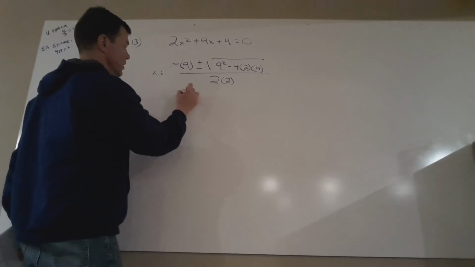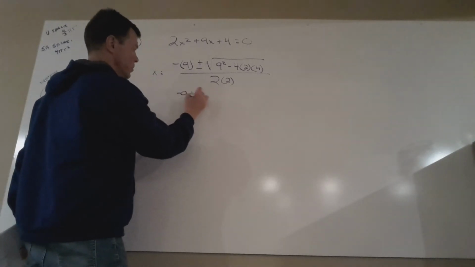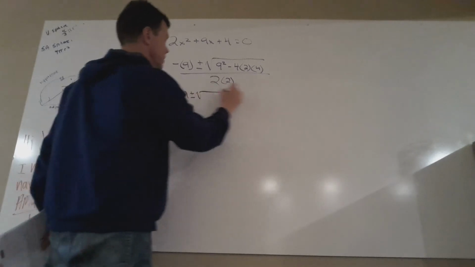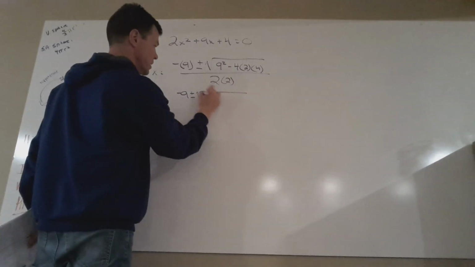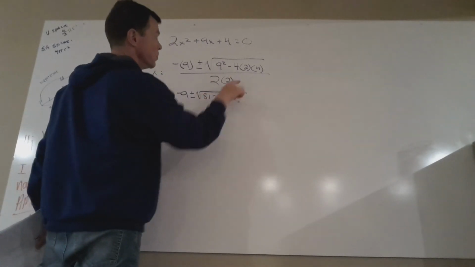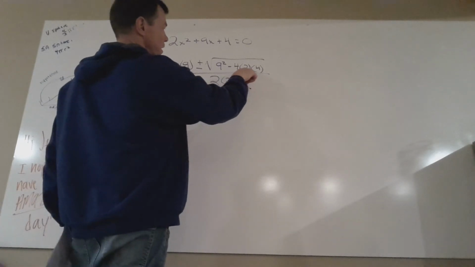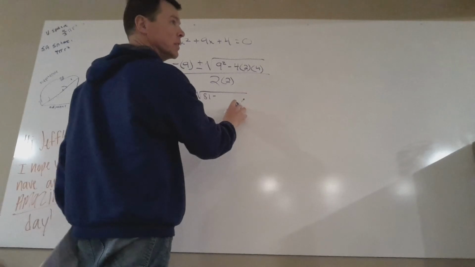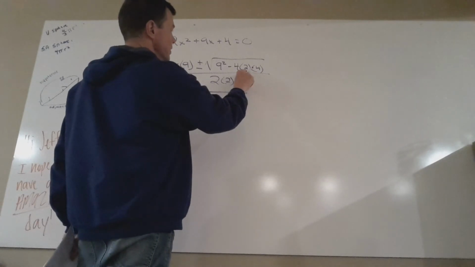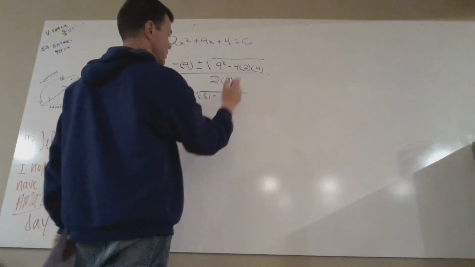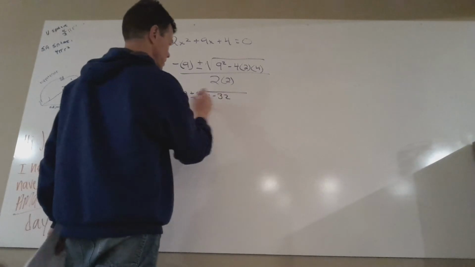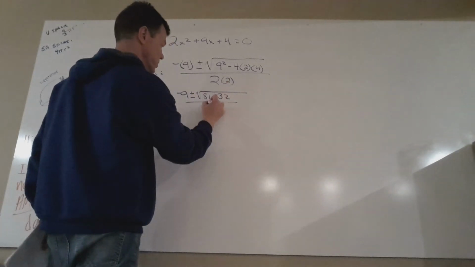So we have negative 9 plus or minus 9 squared is 81, minus 4 times 2 is 8. 8 times 4, 32. All over 2 times 2 is 4.